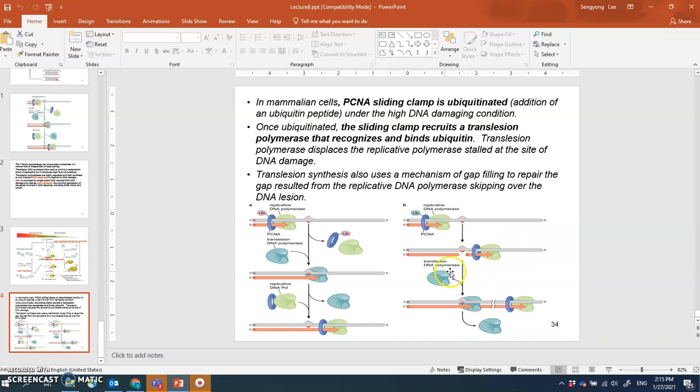Then this translesion DNA polymerase will come along later and fill up that gap left by the normal polymerase. It just jumps along and then does the filling, and takes care of the mistake. Basically, eukaryotic cells do have a similar repair system that deals with very stressful conditions where a lot of DNA damage is being made and has to be handled during replication. That's the unique thing about this system.